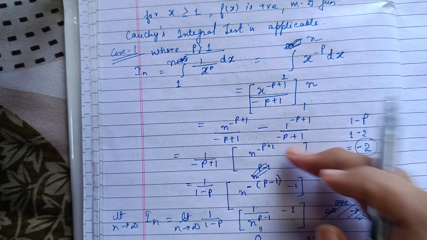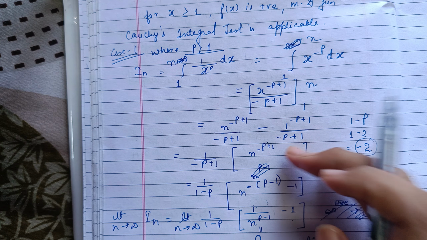So when you make the power positive, you will get 0 when you put n is equal to infinity. Okay, had it been a different power, it would have resulted in a different number. Had it been a negative power, it would have resulted in divergence, because the result would be infinite. But here we are getting a finite result, so In is convergent, hence an is also convergent.